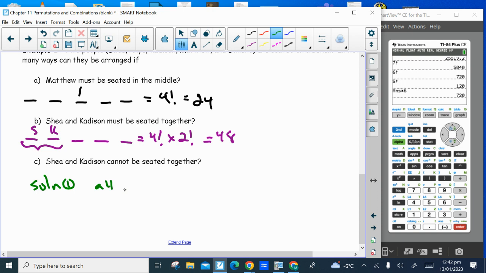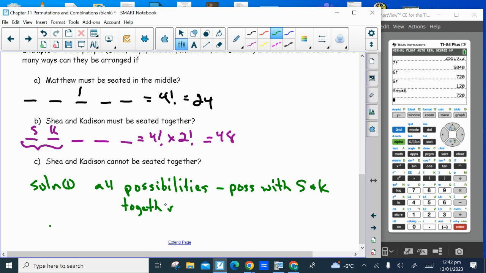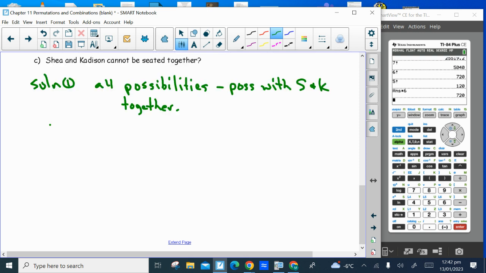Solution 1 would be taking all possibilities minus the possibilities with Shay and Caddison together. You see, there's only 2 things that can happen here.